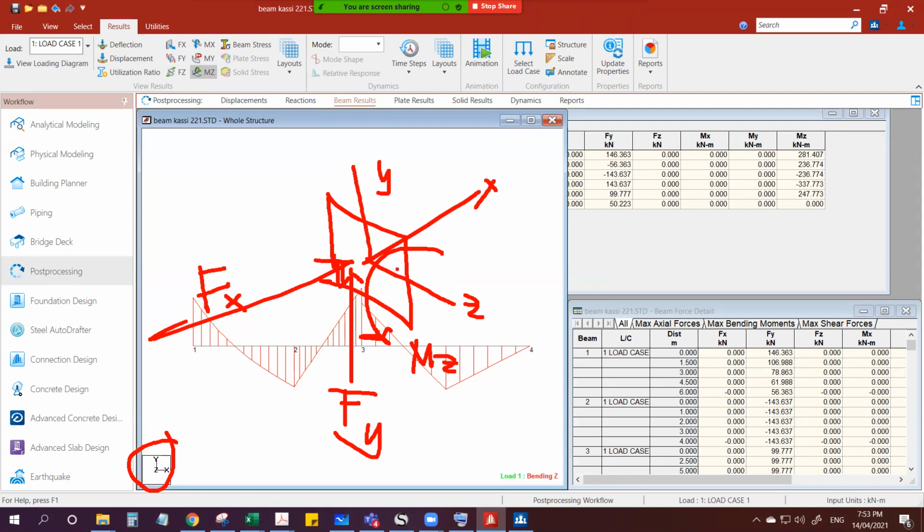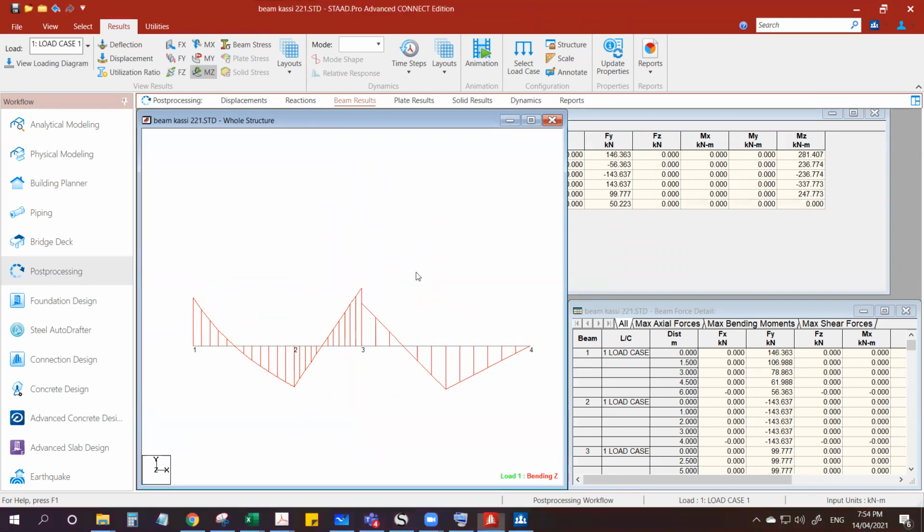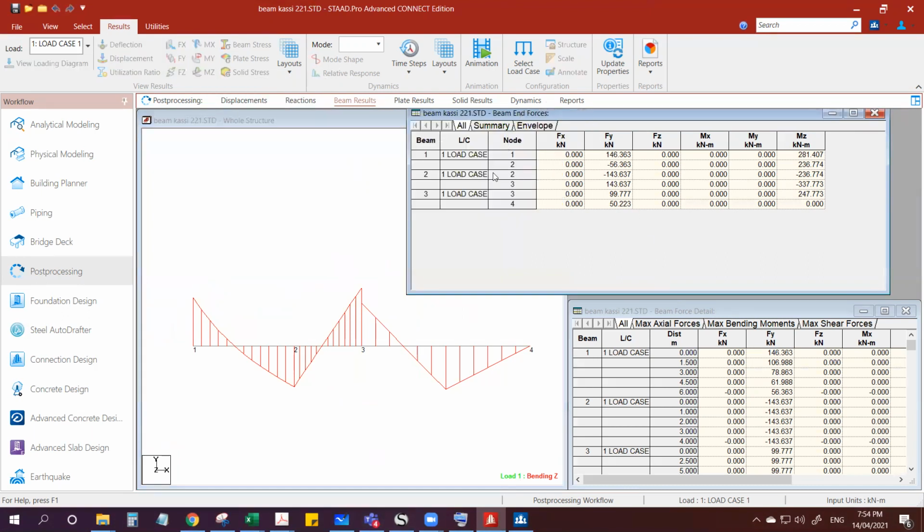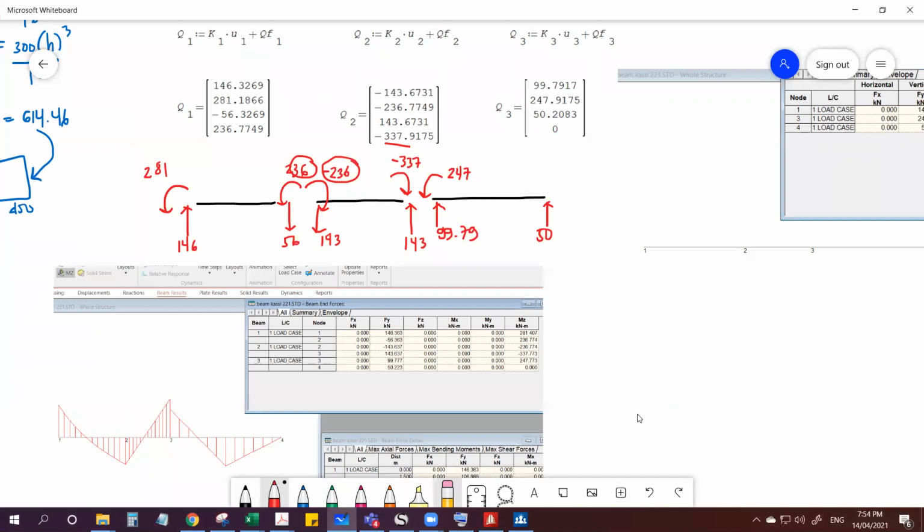So the bending moment is MZ, the shear is Fy, and the axial is Fx. By default what you see here is MZ, and these are the member forces, again referred to the local axis. So I put them here.